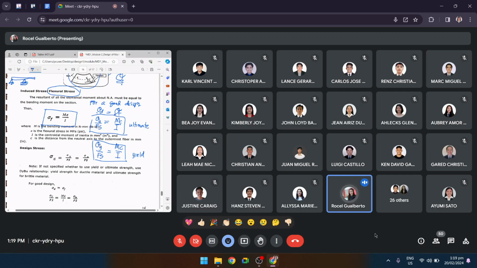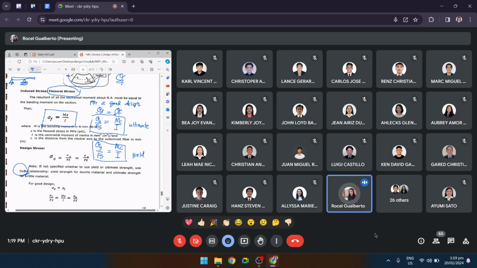And if the basis of design is not mentioned, you would see the type of material. If it's ductile, you use yield. If it's brittle, you use the ultimate strength as the basis of design. Sigma U and sigma Y are taken from our design tables. Same with Fs, the factor of safety, which is taken from table 1.1.